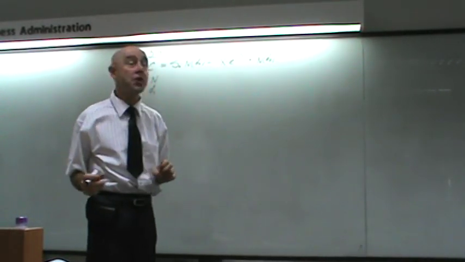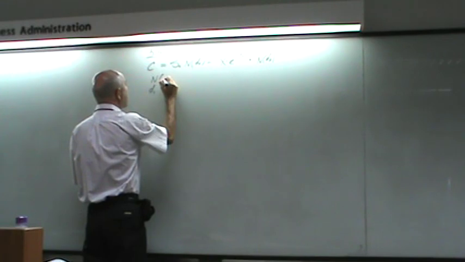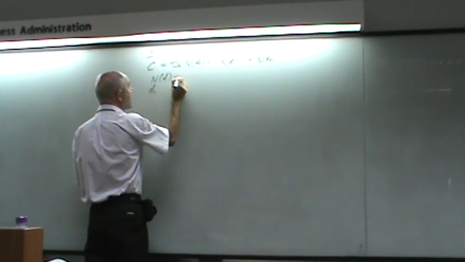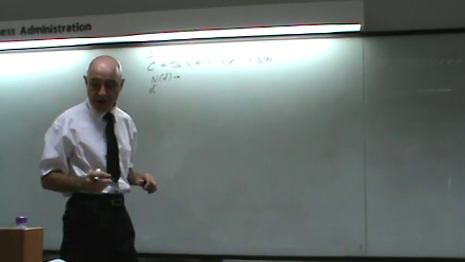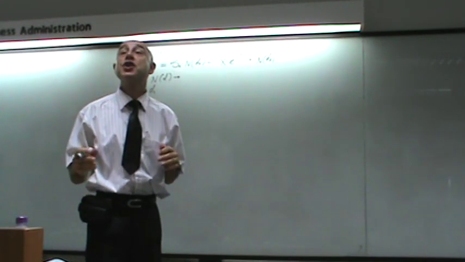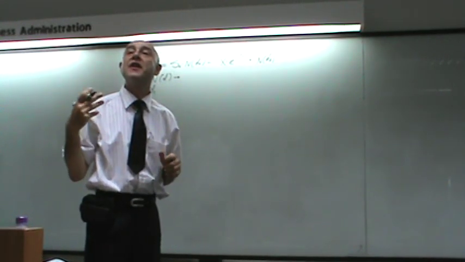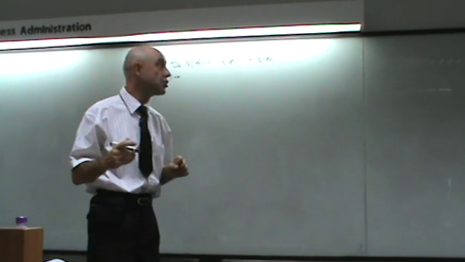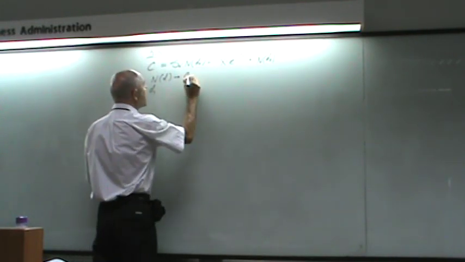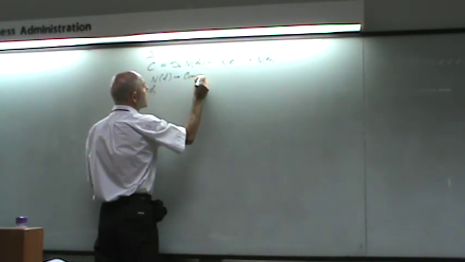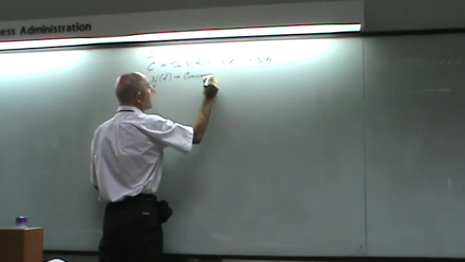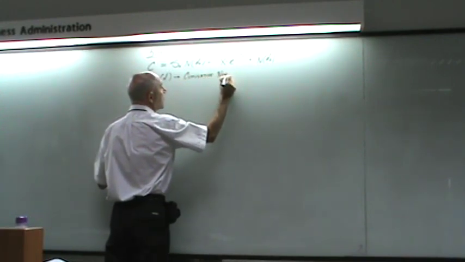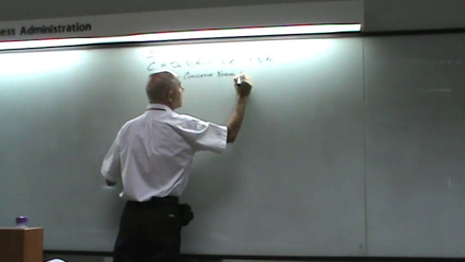Okay, so N of D is the cumulative normal distribution.